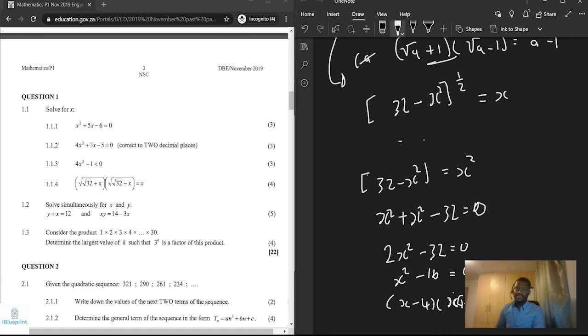Therefore x is equal to 4, or x is equal to negative 4. You can try out that answer to see if it works out.